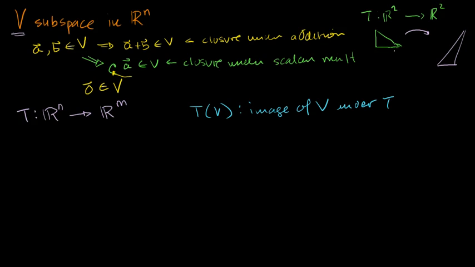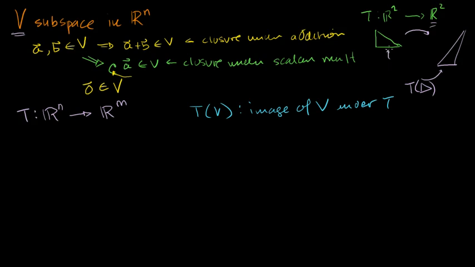But the exact particulars of that last video aren't what matter. What matters is that you are able to visualize what an image under a transformation means. It means you take some subset of R2, all of the vectors that define this triangle right here, that's some subset of R2. You transform all of them, and then you get some subset in your codomain. You could call this the image, or the transformation of that triangle.